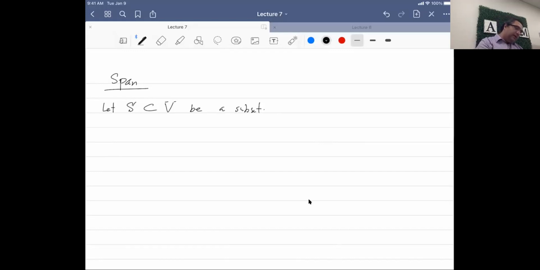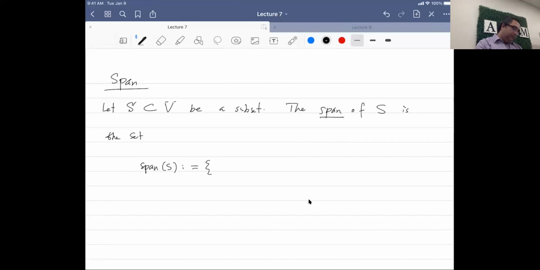So the span of S, or sometimes linear span of S, but because we're working in linear algebra, I just drop the word linear, is the set, so span of S, right? That's the notation, defined to be, as I just said in words, all possible linear combinations. So how do we write that?